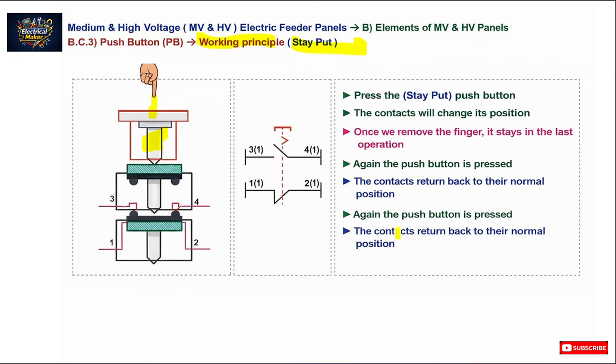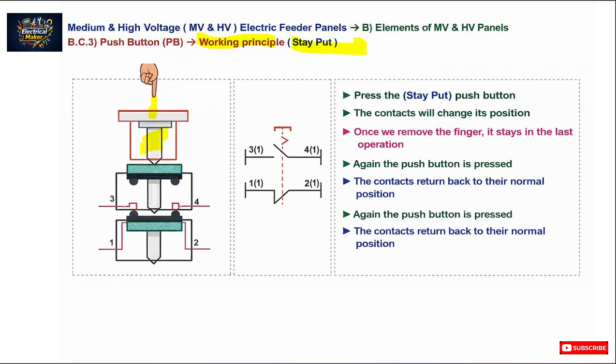So when the push button is pressed again, the contact returns back to its normal position. If you want to make it return to normal position, you should press it again, then it will come to normal position. It is not the same as spring return.